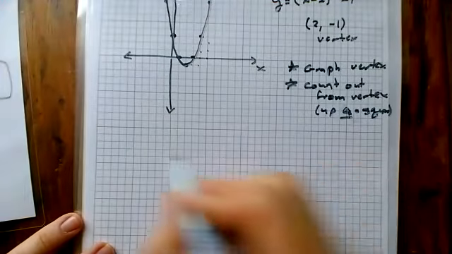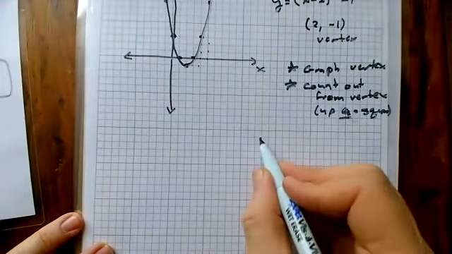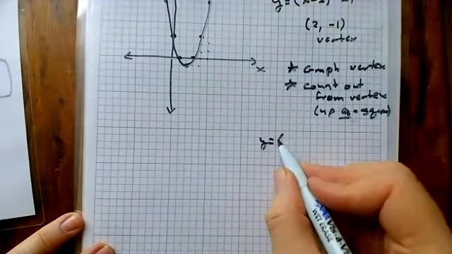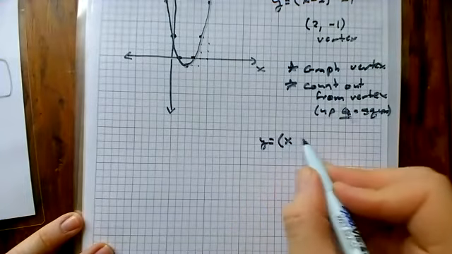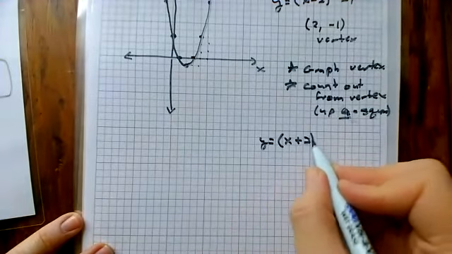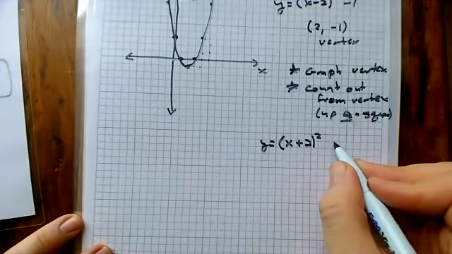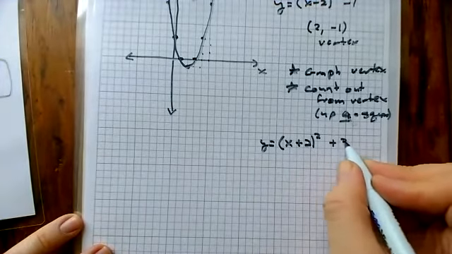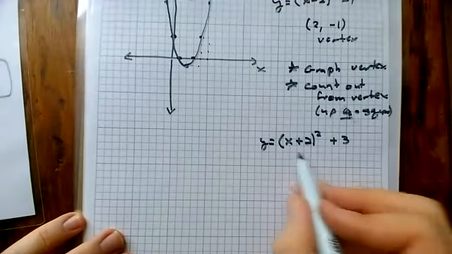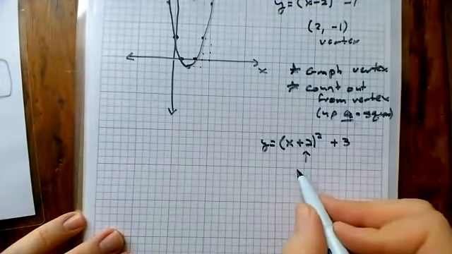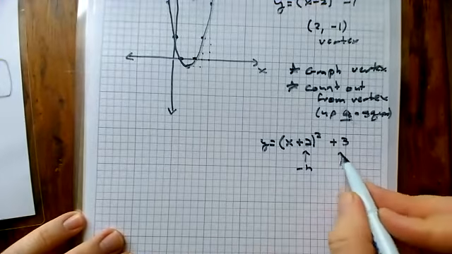Let's do another one. Let's say I've got y is equal to x plus 2 squared plus 3. All right. This is my minus h. This is my k.